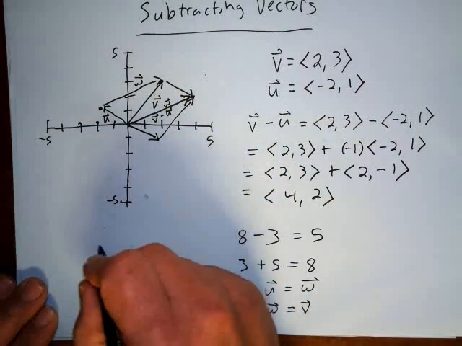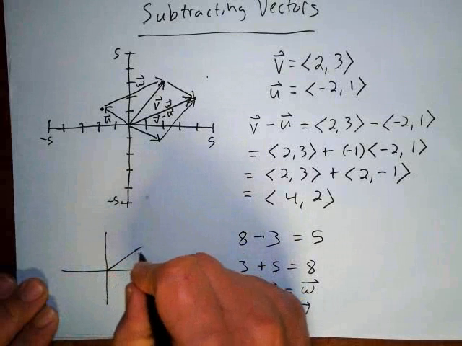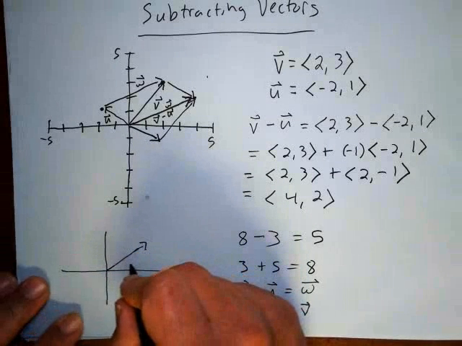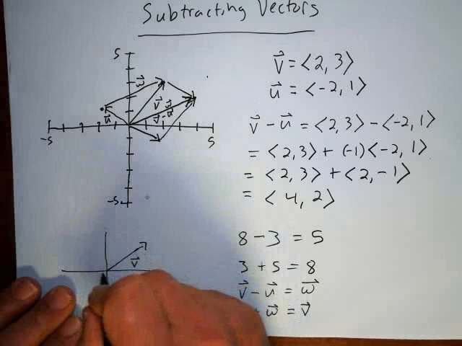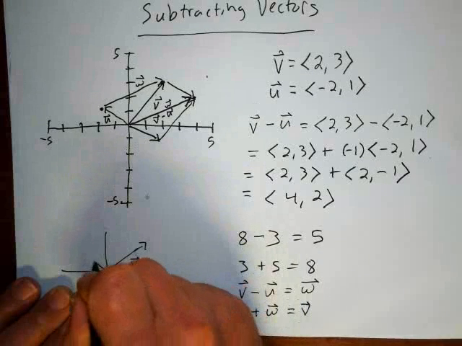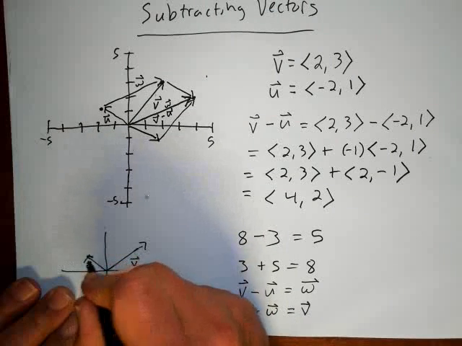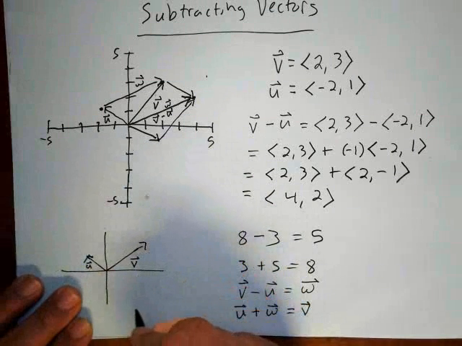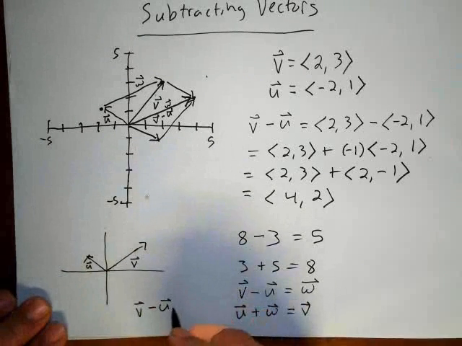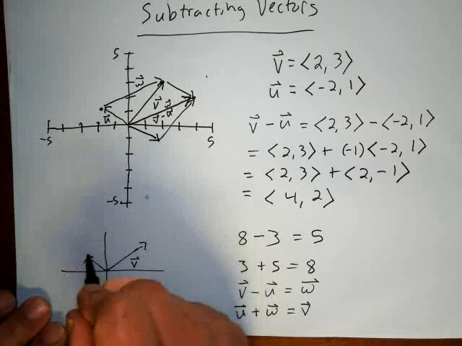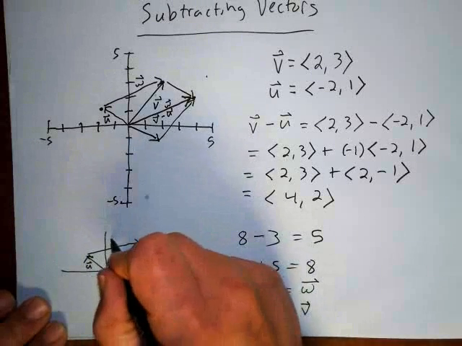So what this means is if I have two vectors, let's say we'll call this vector v, and then you have some vector u, this is vector u, then the difference between these, v minus u, is going to be the vector here that goes from u to v. Okay, vector w.